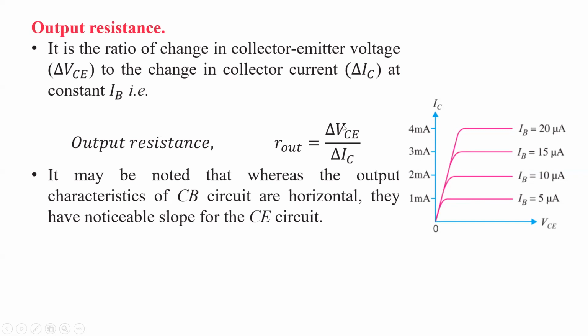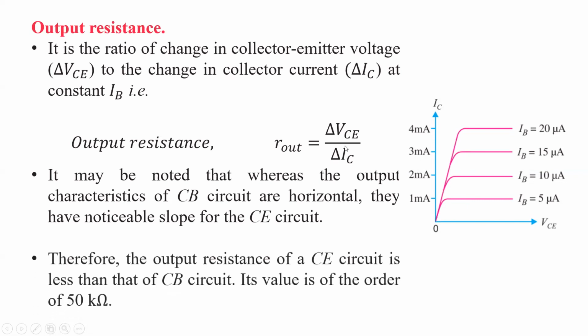So delta VC is greater and delta IC is very small, so the output resistance is a large value divided by a small value. That is the reason why the output resistance is very large in the CE circuit also. In common emitter mode of connection, the output resistance is large, of the order of 50 to 100 kilo ohm. That is the value of output resistance that can be obtained from the analysis of the output characteristic curves.